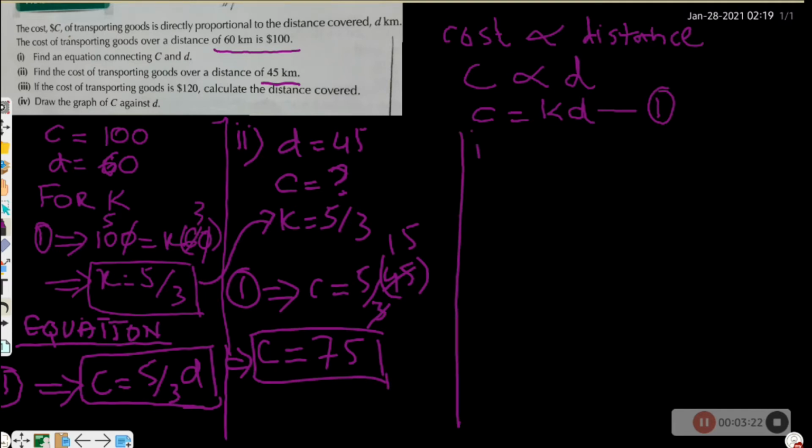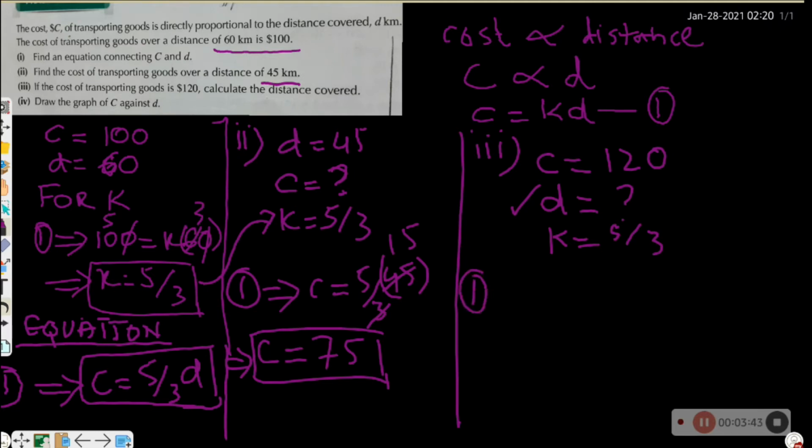And for number 3, if the cost of transporting goods is $120, calculate the distance. Now in number 3, we have to find out D, and cost is given.